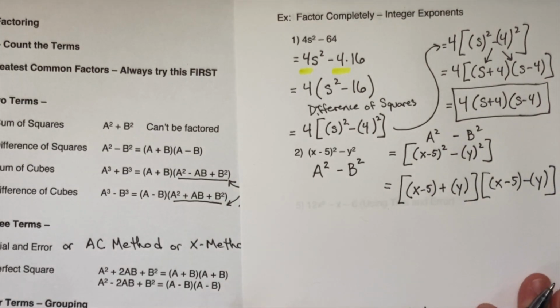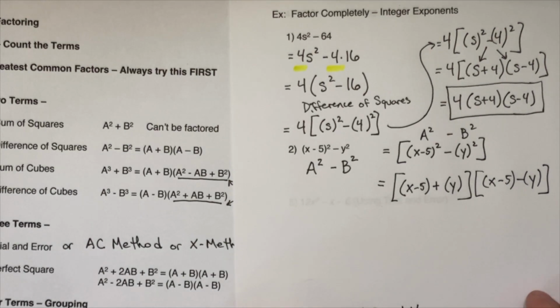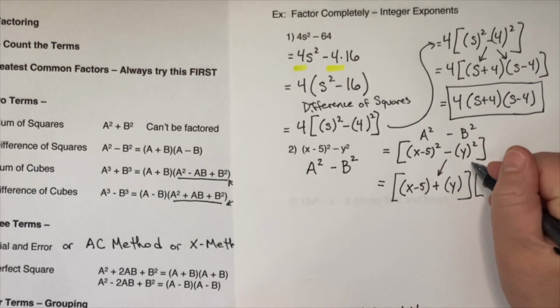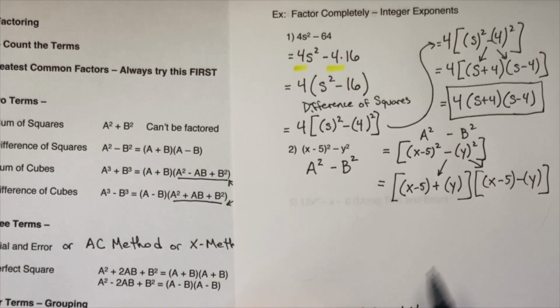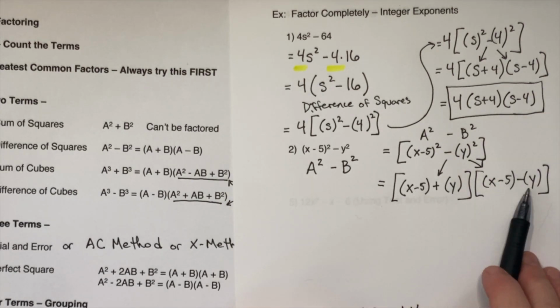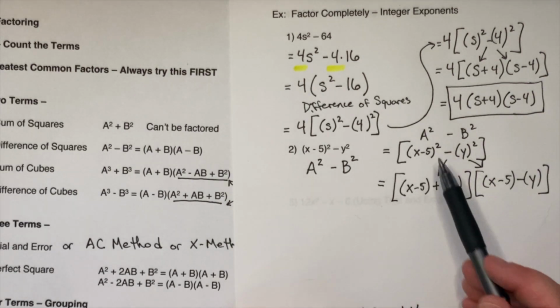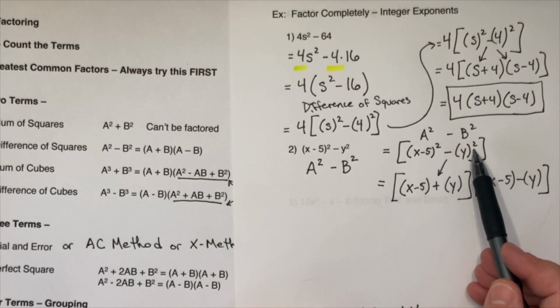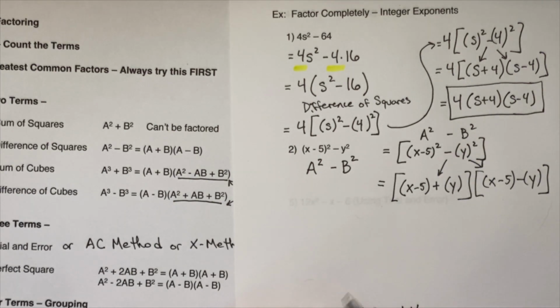Now, this one's a lot more complicated, and so it may take a little bit of time to take a look at it and really let it marinate and think about it. But basically, we're splitting this into those two pieces. Notice that each of the pieces, although complicated, don't have the squares anymore. They're just straight up the thing itself, the x minus 5 and the y.